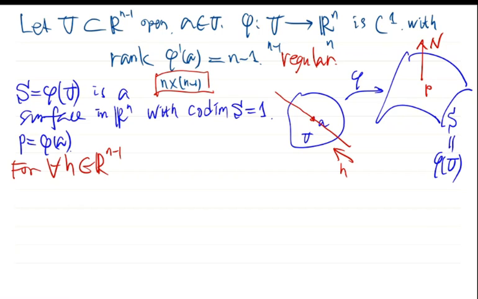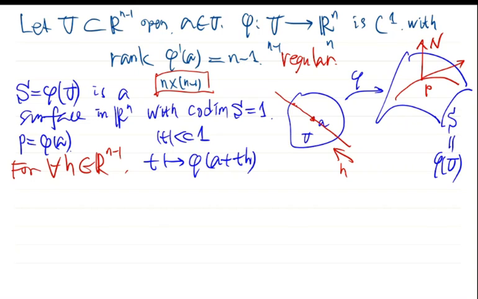The part of this line contained in the set U is mapped by our map phi into the surface, and becomes a curve on the surface passing through P, because phi(A) is P. This curve is phi(A + th), for t very small.